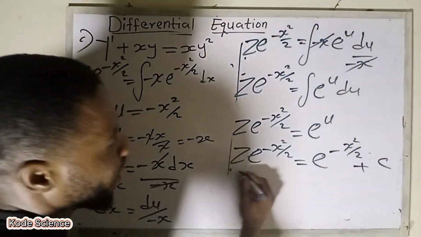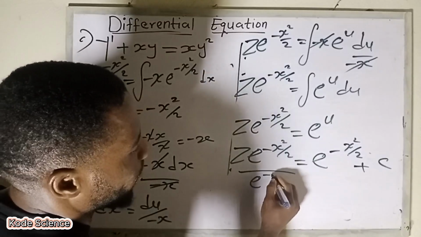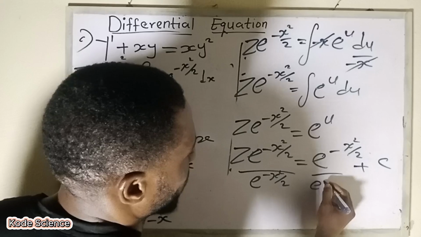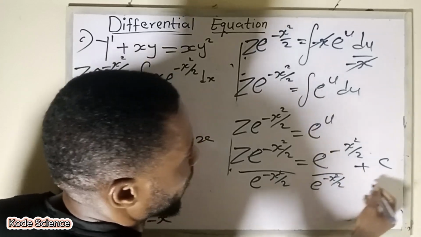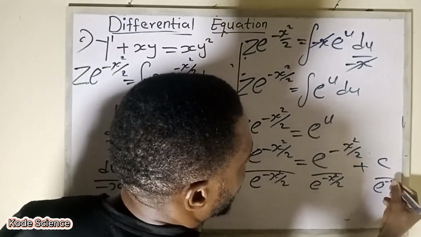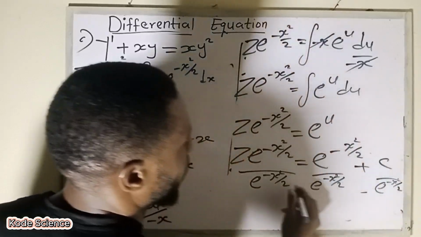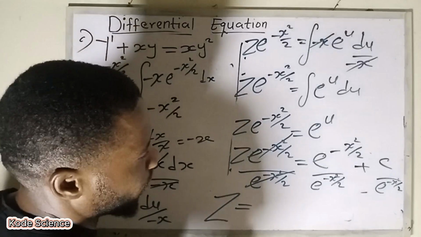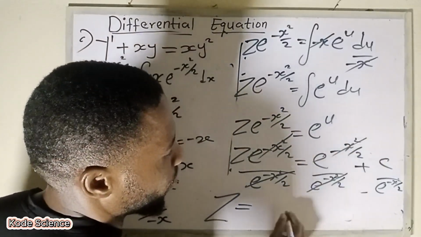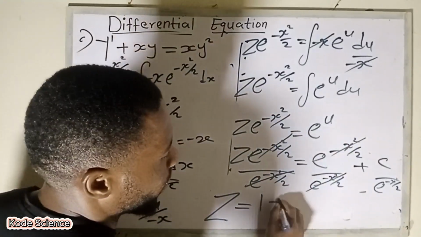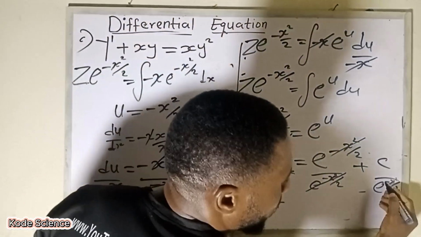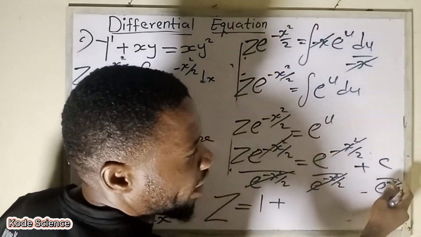At this moment, we divide all through by exponential negative x squared over 2, which gives exponential x squared over 2. So we take this to cancel this. We have z is equal to 1 plus c exponential x squared over 2. I told you that whenever we have minus here and we are dividing, it becomes positive.